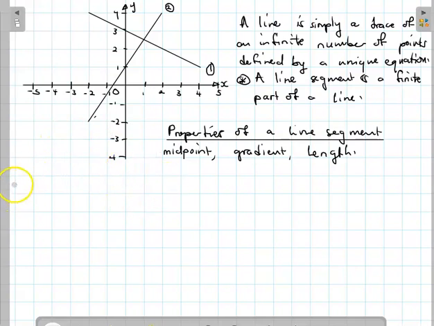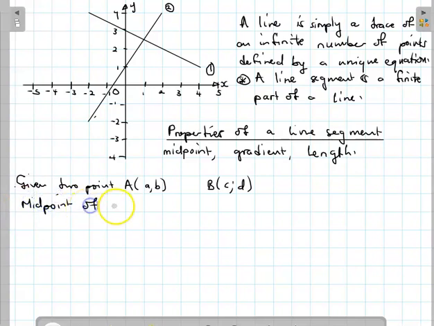Now, how do you find the midpoint? Given 2 points, let's say point A has coordinates (a, b) and the other point B has coordinates (c, d). How to find the midpoint of AB, which is M?